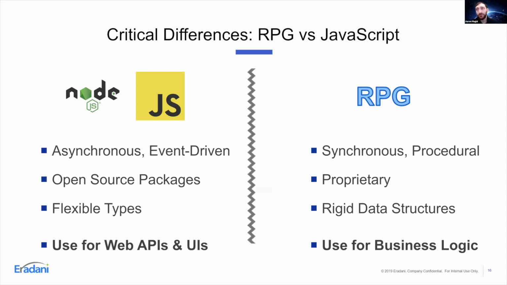JavaScript is the best language that you will find for writing those kinds of use cases. If you are writing complex CPU-intensive core business logic, that's a great use case for something procedural like RPG, and it's actually something that JavaScript isn't good at. So one of the big takeaways here is use the right tool for the job that you're trying to accomplish.